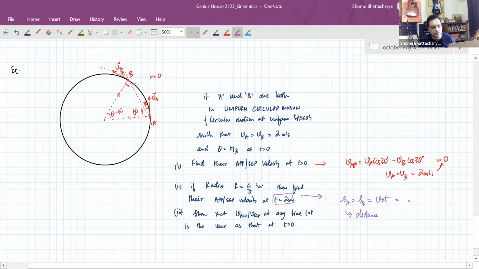So that would be equal to 4 meters. And the circumference 2 pi r is 8 meters. So that means they've reached positions which are diametrically opposite. So at t equal to 2 seconds, B is over here and A is over here.